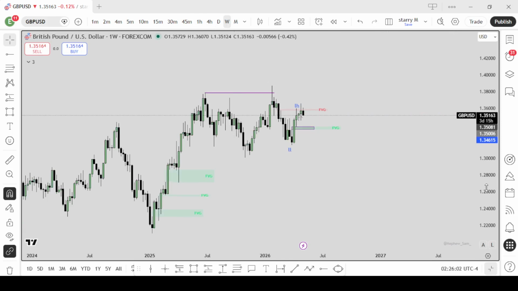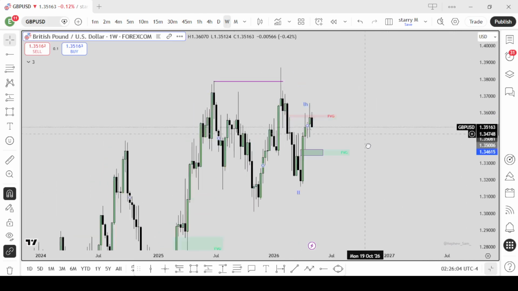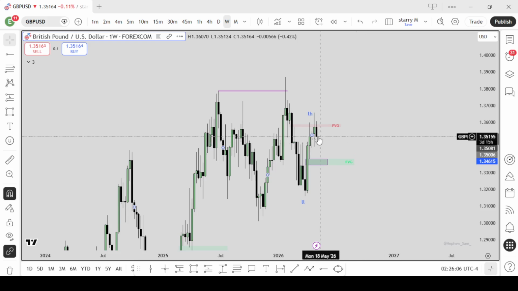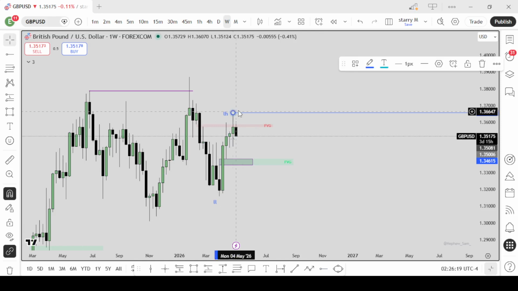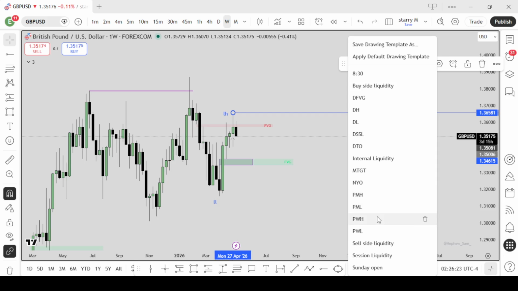Same case with the GBPUSD. So previous week high, previous week low.